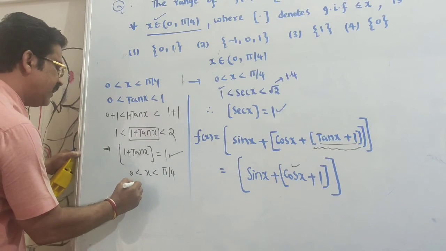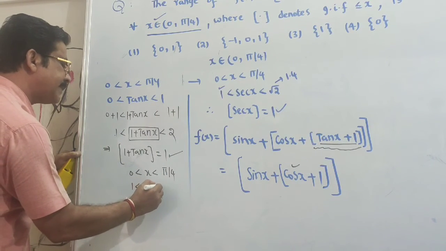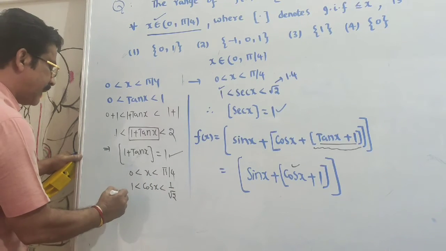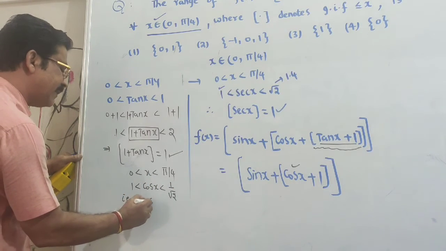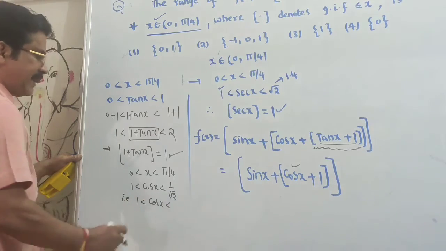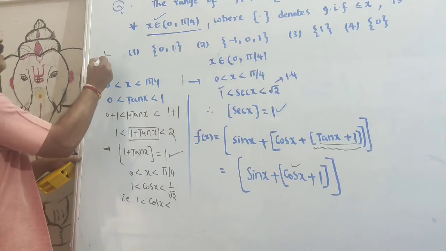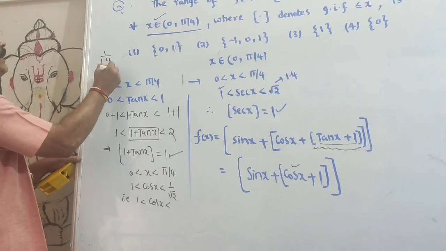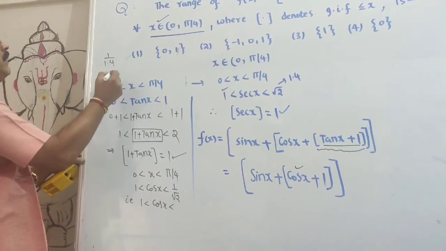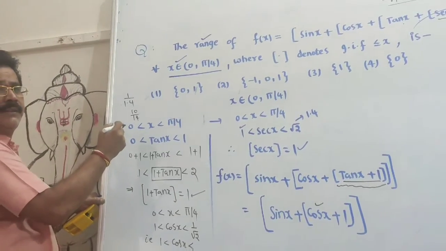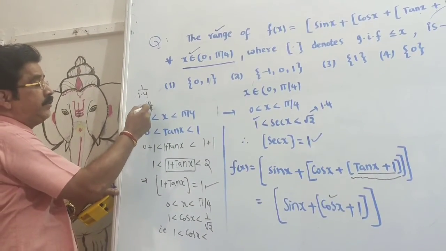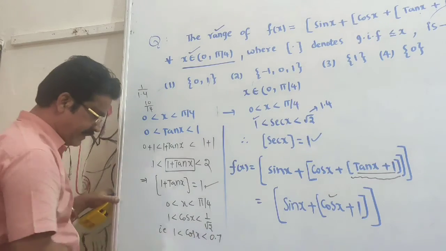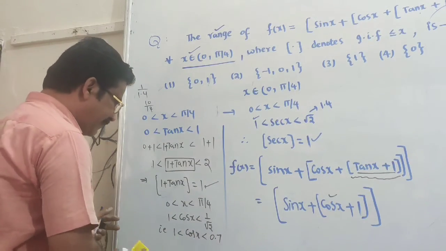Cos 0 is 1, so 1 less than cos x less than 1 by root 2? 1 by root 2 is approximately 0.7 something.